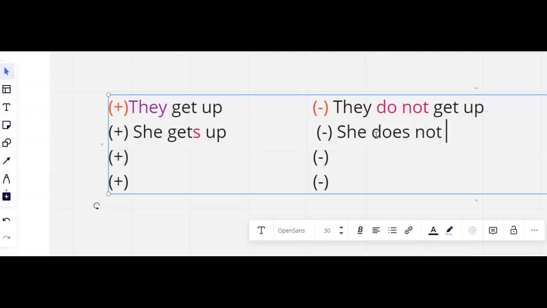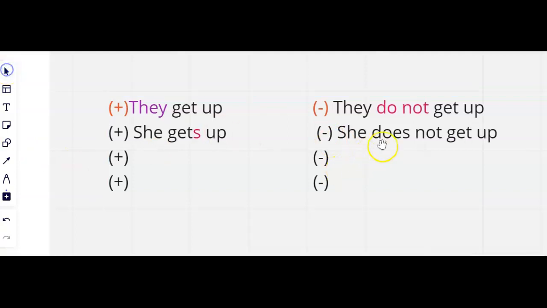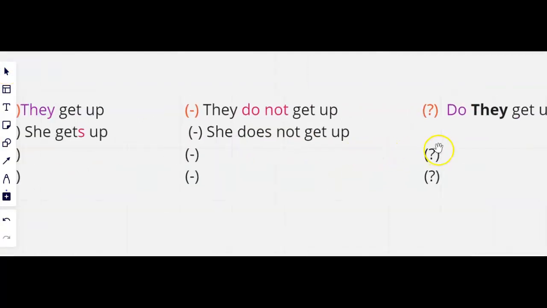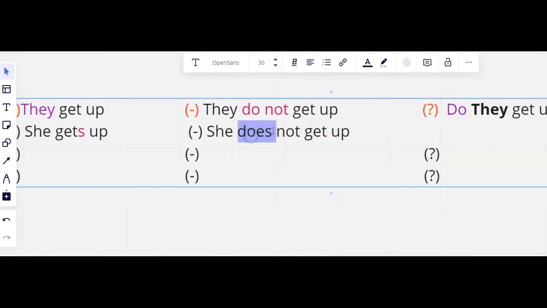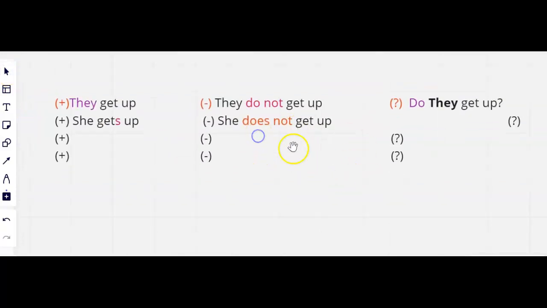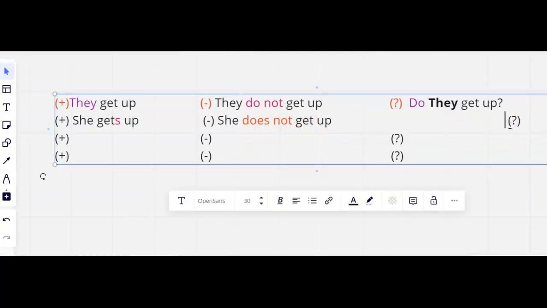She does not get up. That's pretty much the negative way. Does not is the part that does all the job to convert that sentence into a negative one.